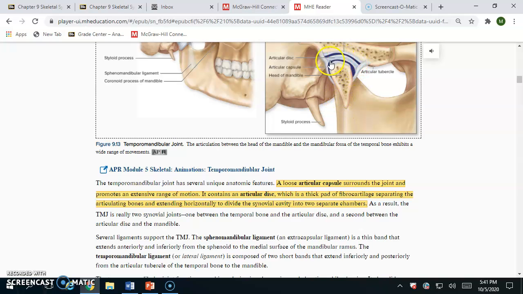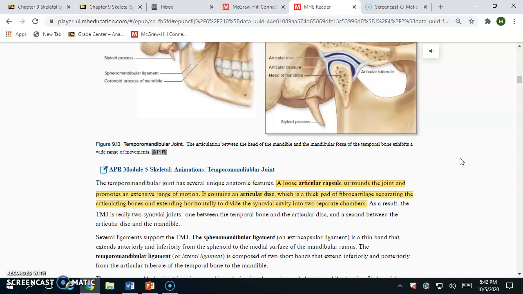This little articular disc sits in the mandibular fossa, between the head of the condylar process and the mandibular fossa. It's there because we have a lot of movement going on in that joint, so it provides a bit more cushioning for the structures associated with that joint.